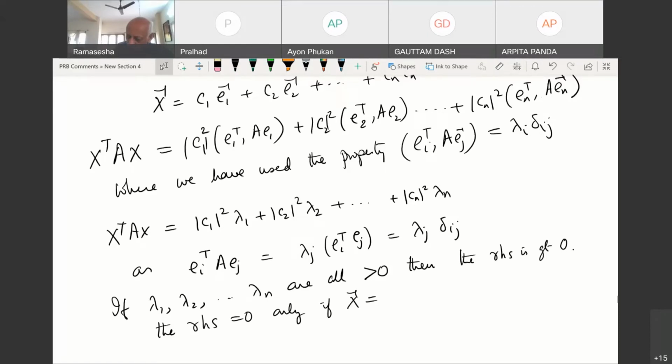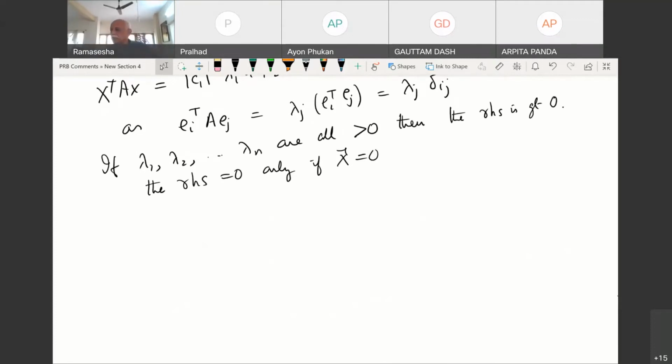So I have proved the first part, which is to say that it is sufficient that the eigenvalues of A all be positive for a matrix to be positive definite.